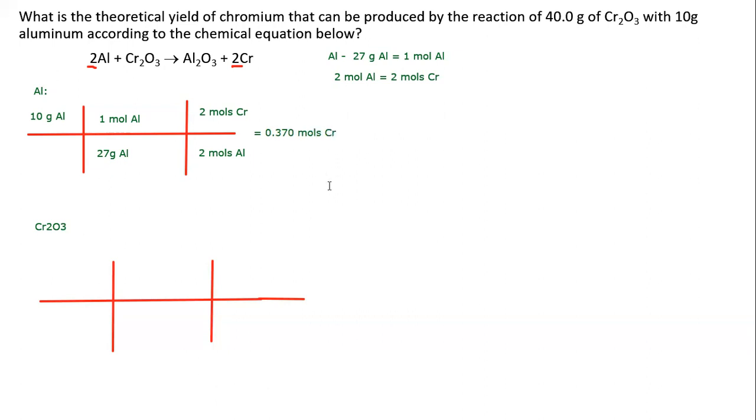We're going to do the exact same thing again with chromium 3 oxide. We're going to start with the mass of chromium 3 oxide, which is 40 grams. Again, we want to convert that to moles, so we're going to divide by the molar mass. So remember the molar mass, 1 mole of.